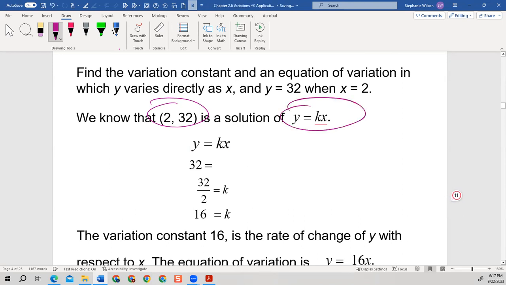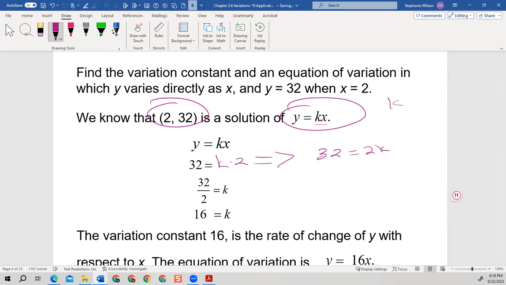We're going to take our formula, y equals kx, and plug in what we know for y and x. So we put in 32 for y, k times 2, which is my x. Now we're looking for k, right? And I got 32 is equal to 2k.